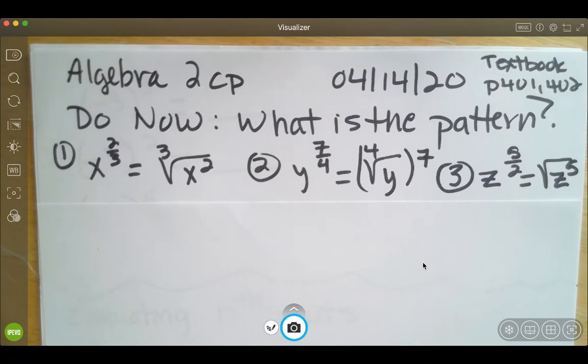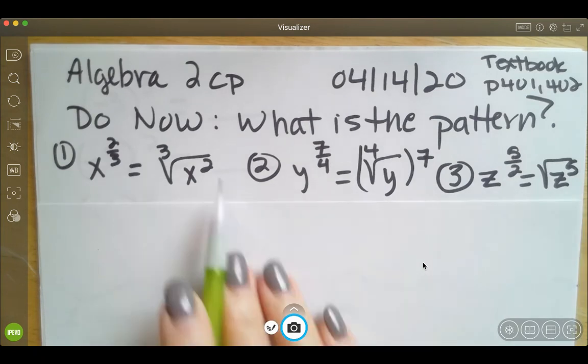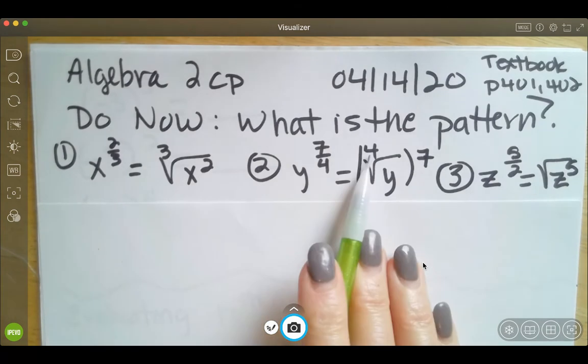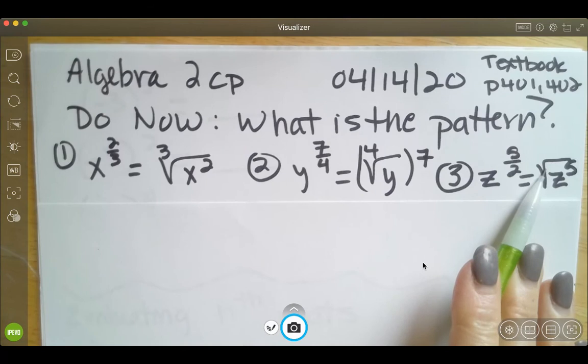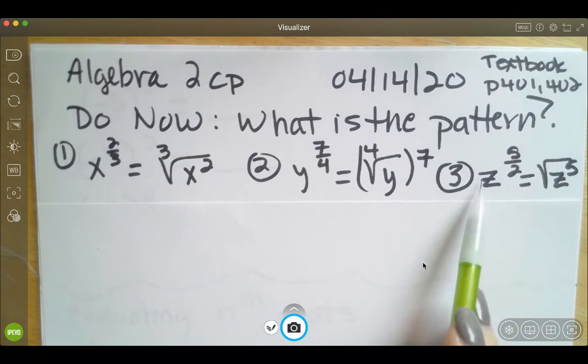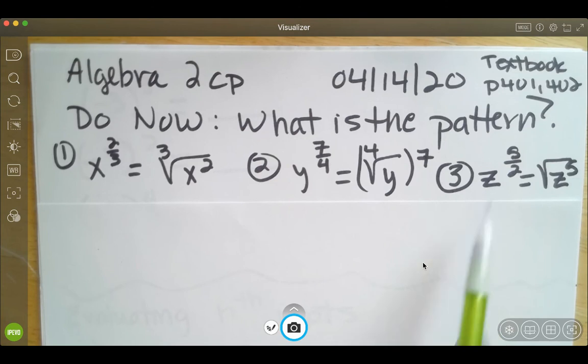And if you look at it, you can see we no longer just have square roots. We have cube roots. We have fourth roots. And then here's the square root. And with a square root, it's understood that the 2 is there, just like it's understood that it's 1 times z. So did you figure out the pattern?